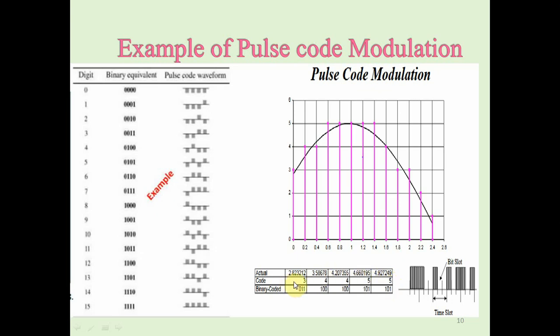Hence the code 3 is converted into the binary code 011, 4 is 100, 4 is 100, 5 is 101 and 5 is 101.